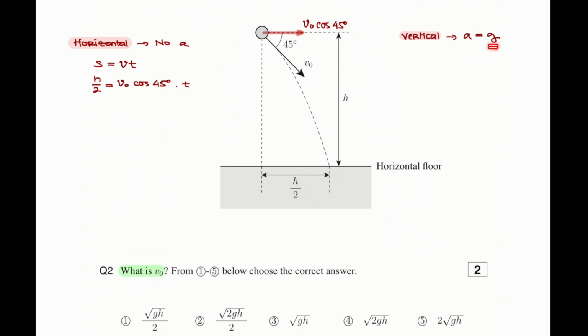Since there is an acceleration, the equation that I can use to analyze the vertical component is distance equals initial speed times t plus half a t squared.